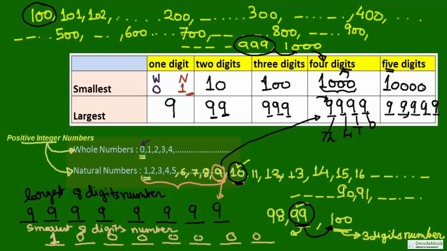Otherwise, if you put 0 at the highest order, this whole number will be equal to 0. By following these same rules, you can create the largest possible and the smallest possible numbers containing the asked number of digits. I hope you have got my point.